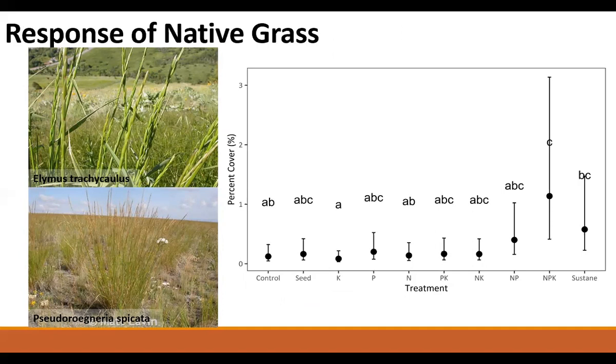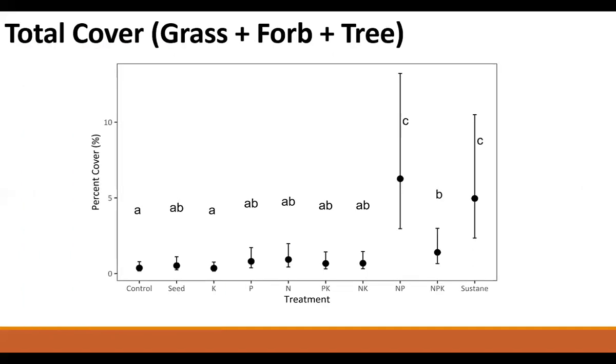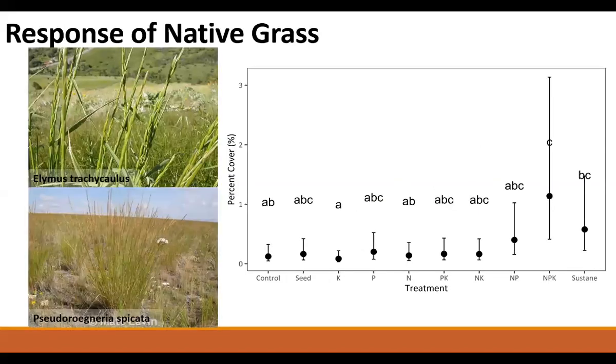Here's the really interesting part to me: the bulk of that NPK that we've been talking about actually produced the highest amount of native grass, more so than NP and sustain. And again, we really got nothing with the control, the seed only, or these nutrients in combination other than the NPK.